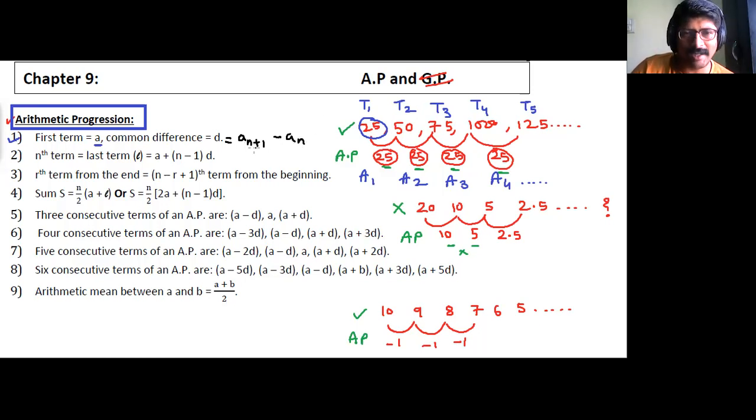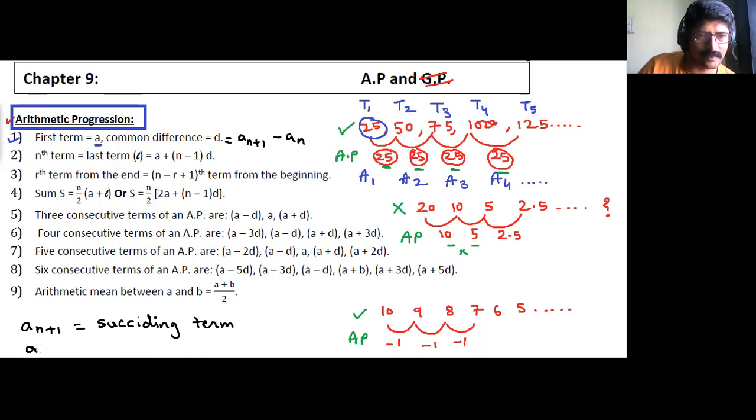So a n plus 1 is called the succeeding term. Okay, this is a n plus 1. So just prior to that would be a n. A n is called the nth term or preceding term.